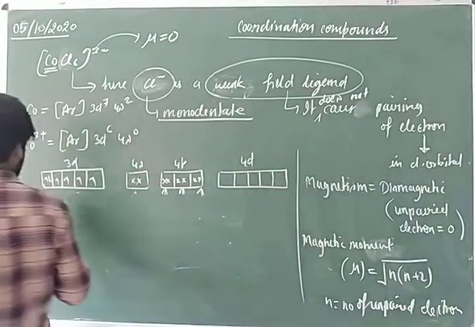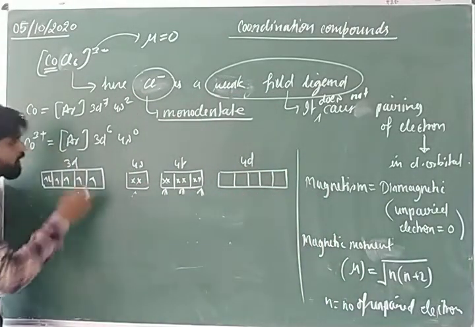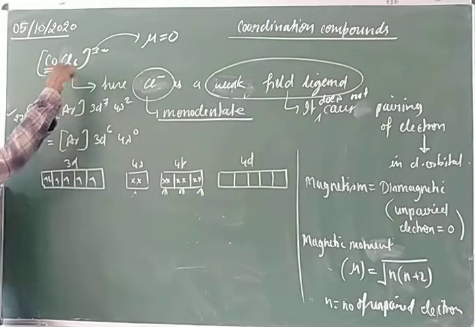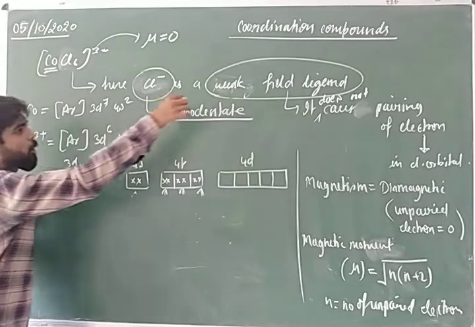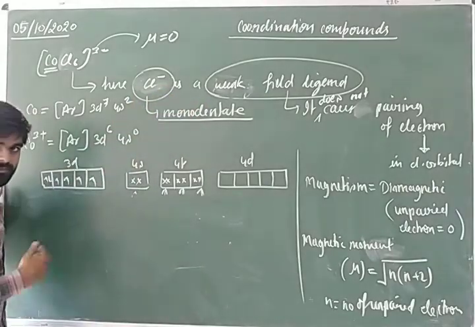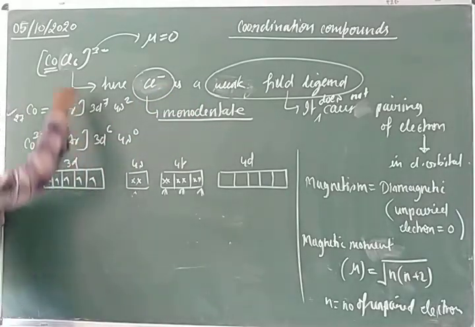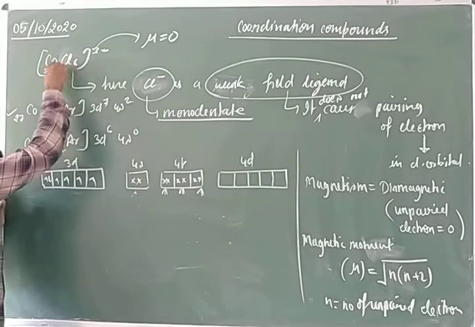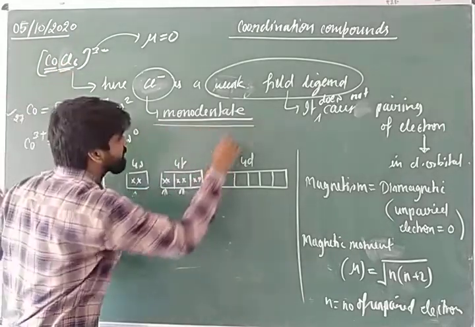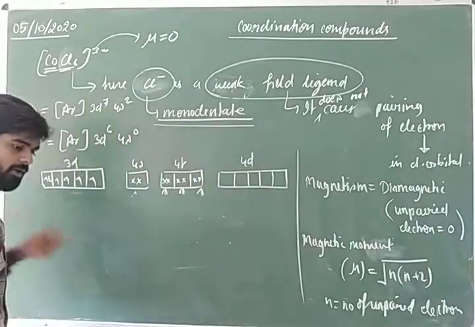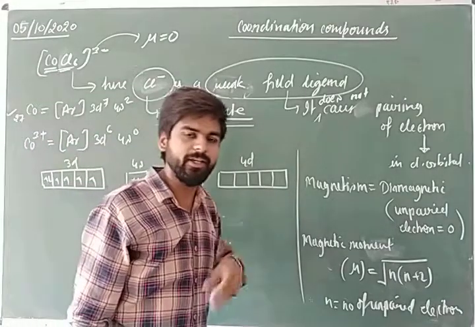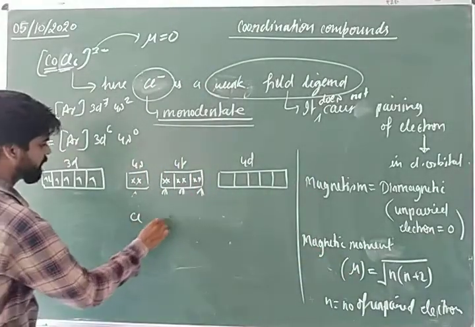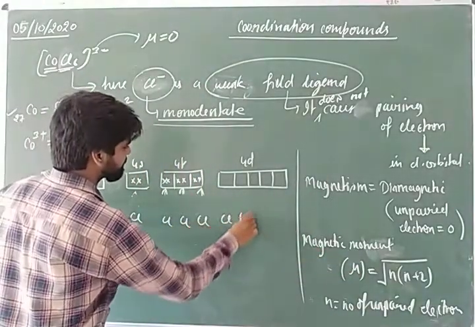So students, here you can see that there is no pairing of electrons because the ligand involved is a weak field ligand, which created a weak field. And you can see the 6 ligands are also present here, and all the 6 ligands donate one pair of electrons each into orbitals of the metal, like this: Cl, Cl, Cl, Cl, Cl, Cl.